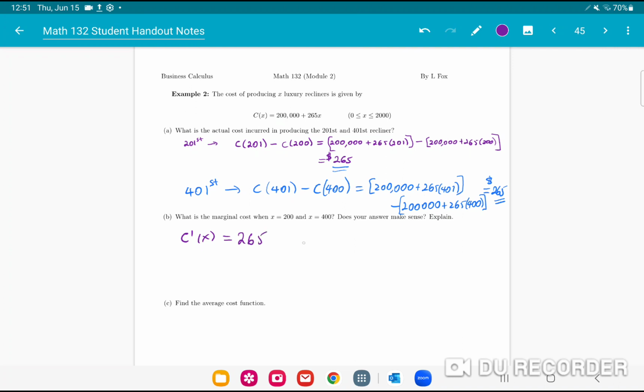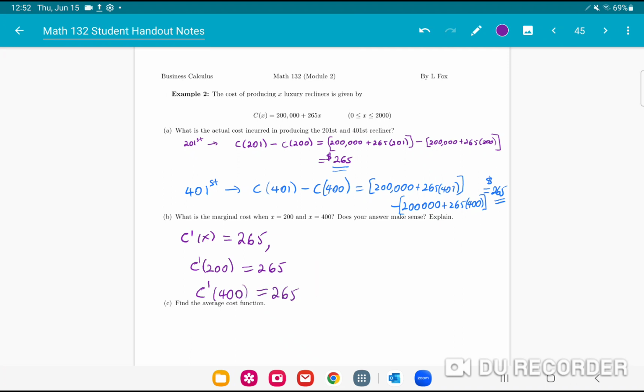So if you plug in C prime of 200, that is 265. And this makes sense because the rate of change per unit is 265. And it also matches the answer that we got. And C prime at 400 is also the constant 265.